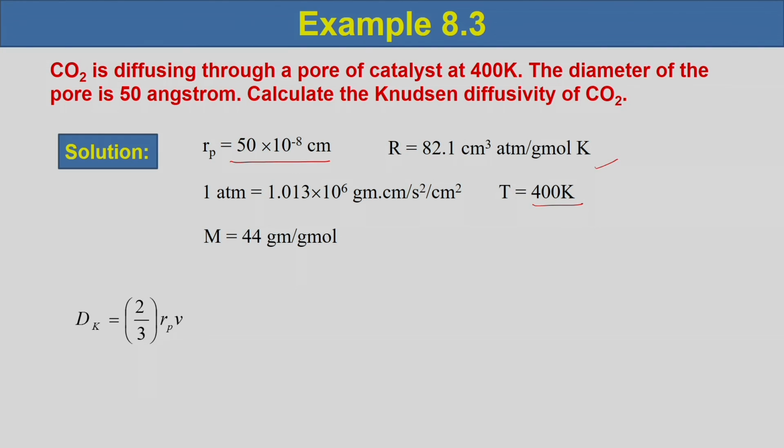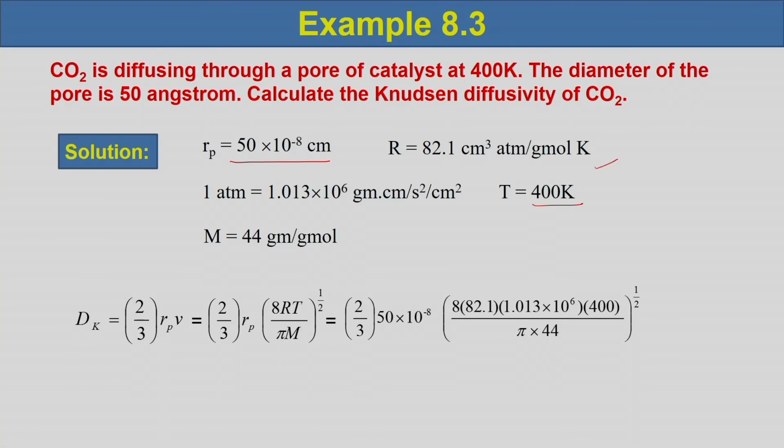If we use the equation for diffusivity, D_K would be equal to 2/3 into R_p into V. So, now if we substitute the equation for V, which is (8RT/πm)^(1/2), then it would be 2/3 into R_p (8RT/πm)^(1/2).